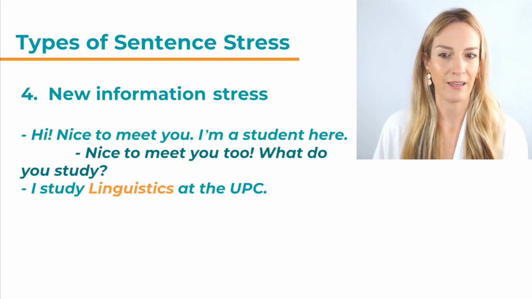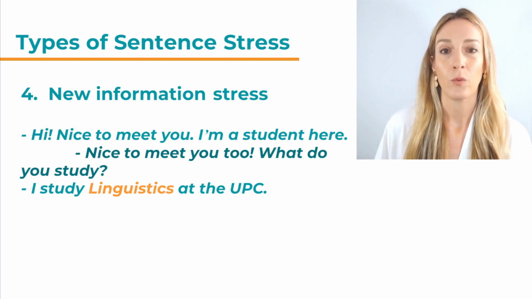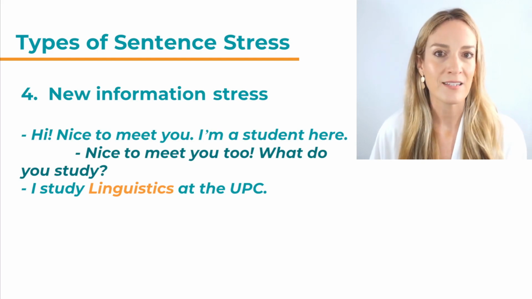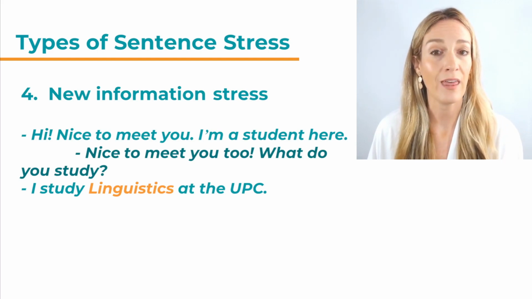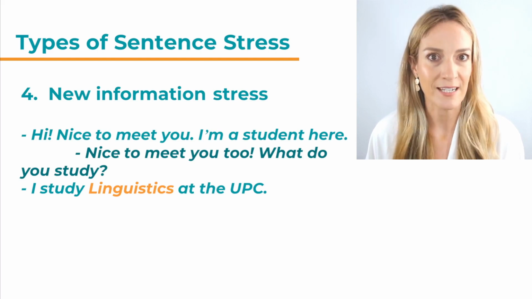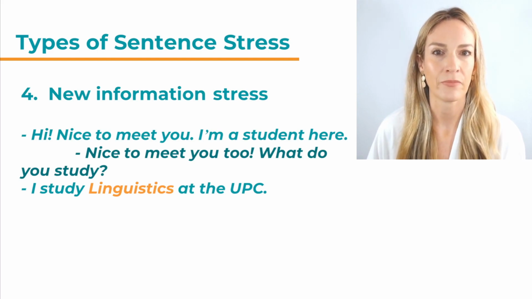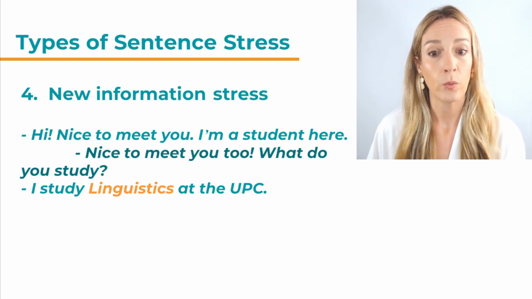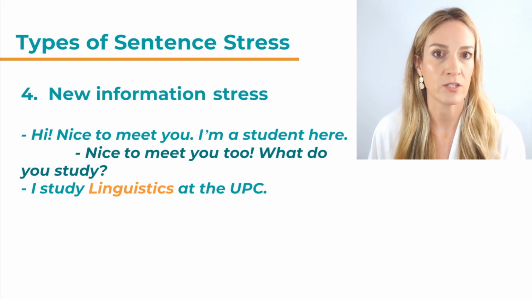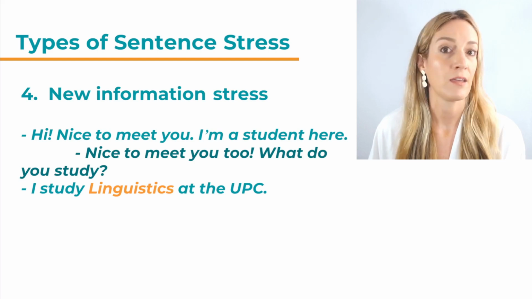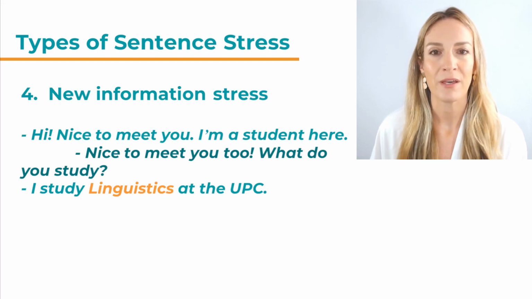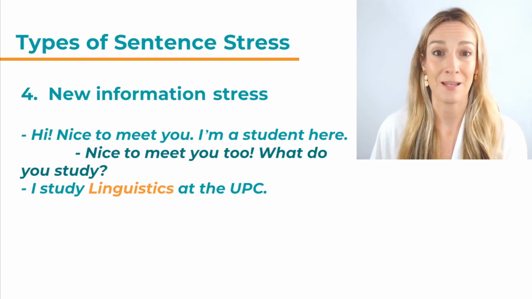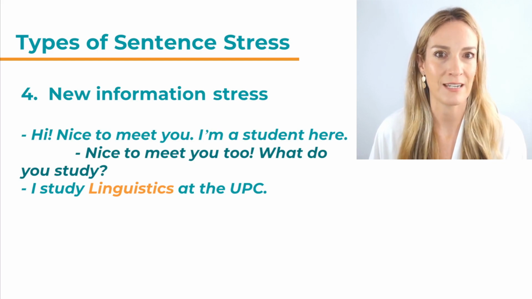What happens here? The question, what do you study, is answered in the following sentence with, I study linguistics at the UPC. Linguistics is the new information. We knew already that the person was a student and that they were studying at university, but the new information is the subject they're studying, linguistics.